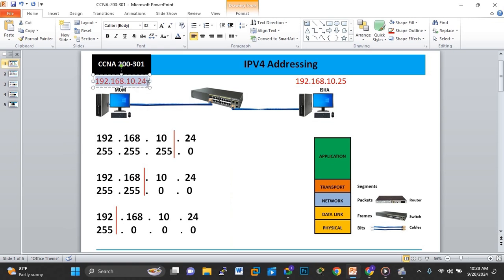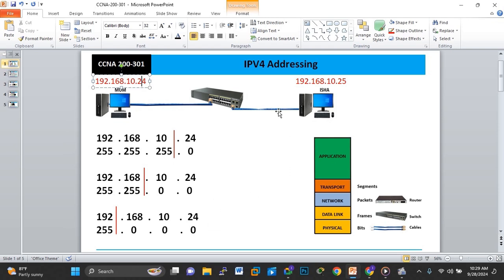For example, from here, this .24, you can see this. This .24 is a unique IP address assigned only to this PC, which is Mom's PC. This .25 here identifies only this PC, which is Aisha's PC. 24 here identifies Mom's PC, while 25 here identifies Aisha's PC.